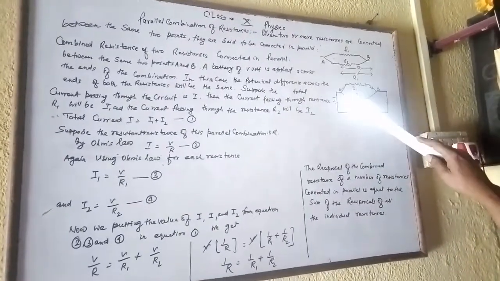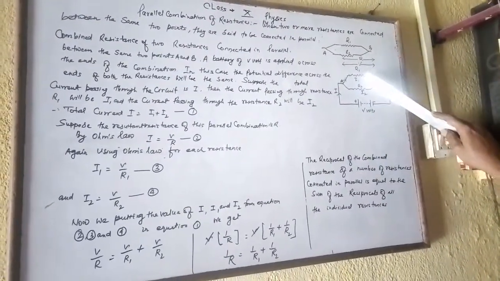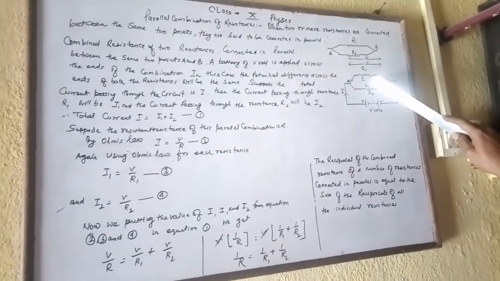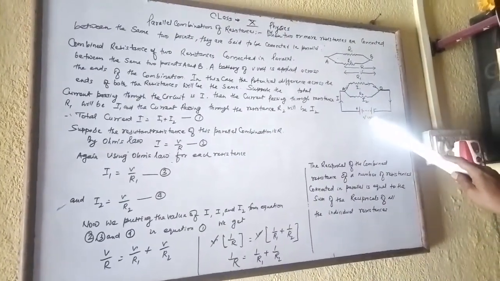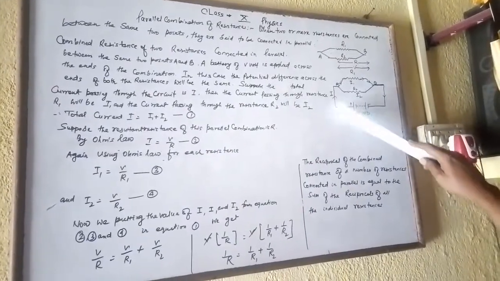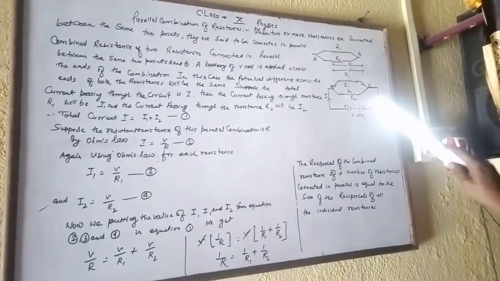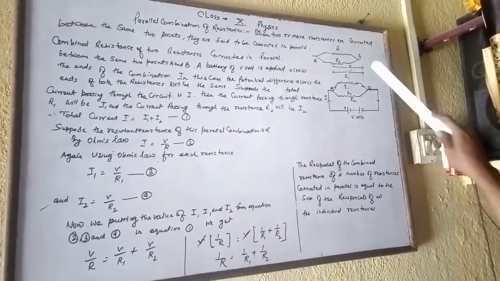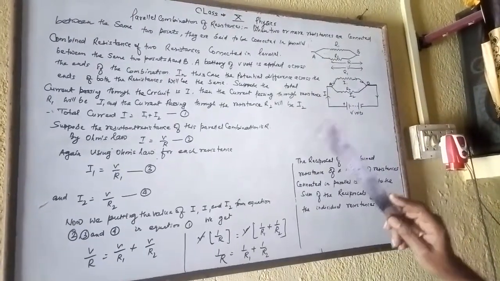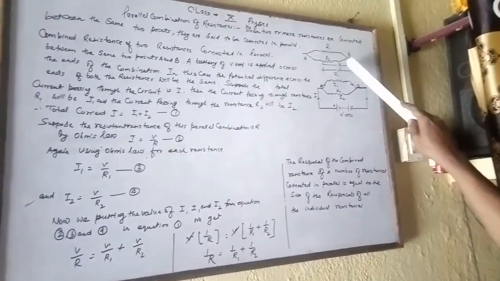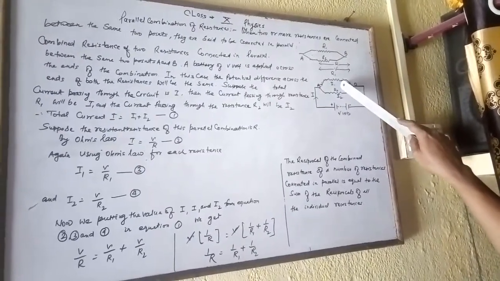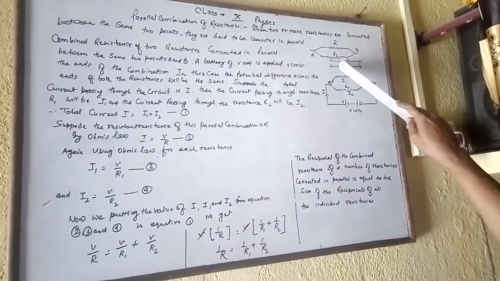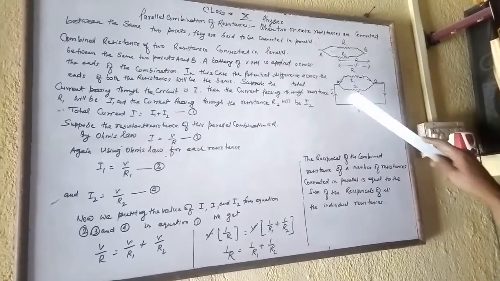So here I1 is the current through R1 and I2 is the current through R2, V is the potential difference across the whole circuit, and I is the total current through the whole circuit. Here capital R is the resultant resistance in the parallel connection, and V is the total potential difference across the circuit.